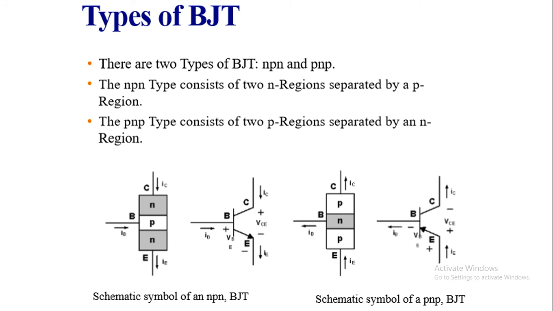The diagrams below show how the NPN is connected: N region, P region, N region. We connect the P region by the base connector, the first N with the C collector, and the second N with the E connector.